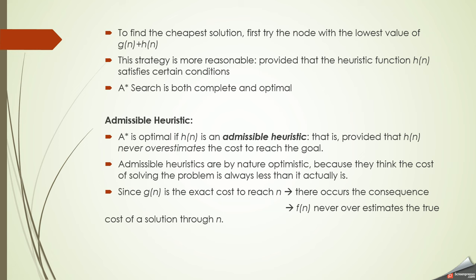When you call a solution an optimal solution is when you are able to satisfy a condition: when your heuristic function never overestimates the cost of the solution. I'll tell you this. So when you call this A star search complete and optimal, that is what admissible heuristic is.